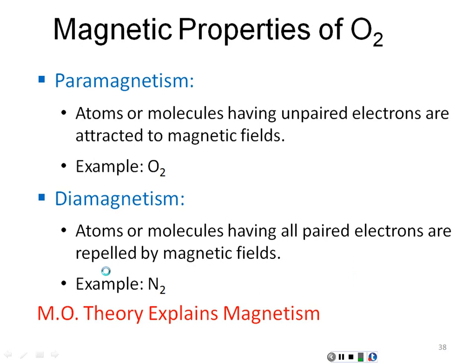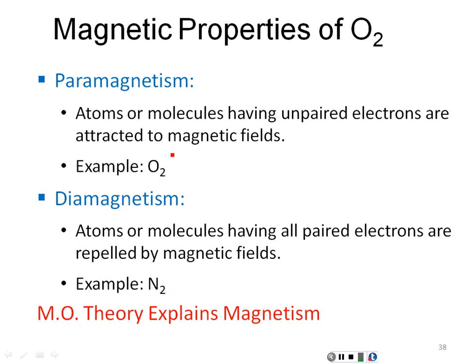So let's look at O2. It's paramagnetic. Atoms or molecules having unpaired electrons are considered to be paramagnetic, and they're attracted to magnetic fields. The opposite of this is diamagnetism, and that's atoms or molecules having all paired electrons, and these are not attracted by magnetic fields.